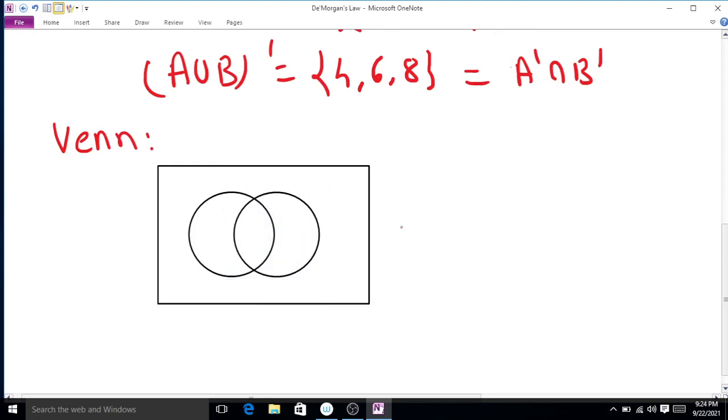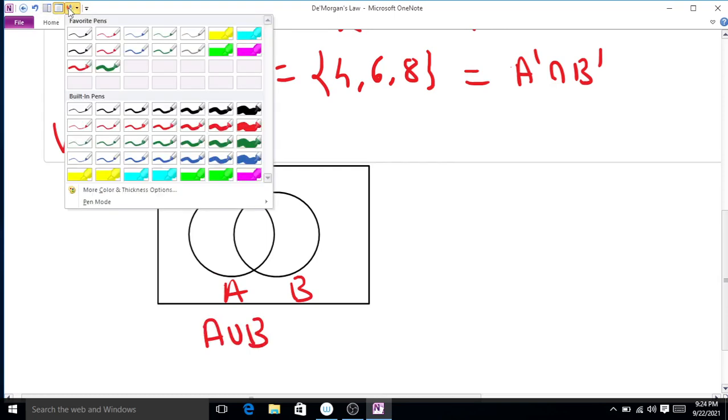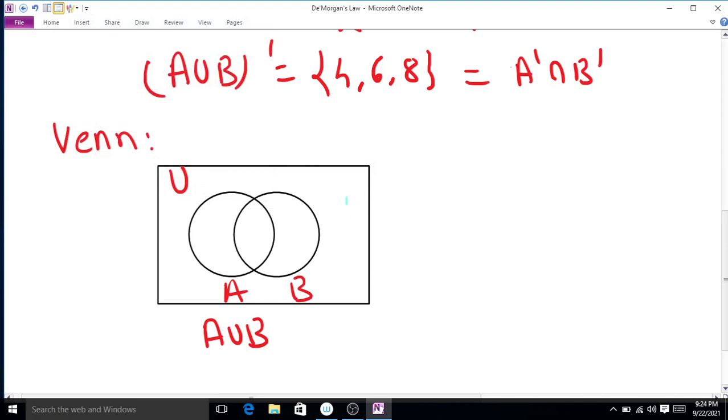Now here it is set A, set B, this is set U. Then first we want to determine A union B. So A union B is equal to, this whole part is A union B.